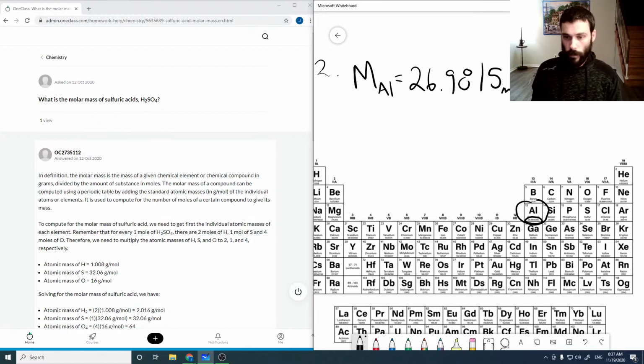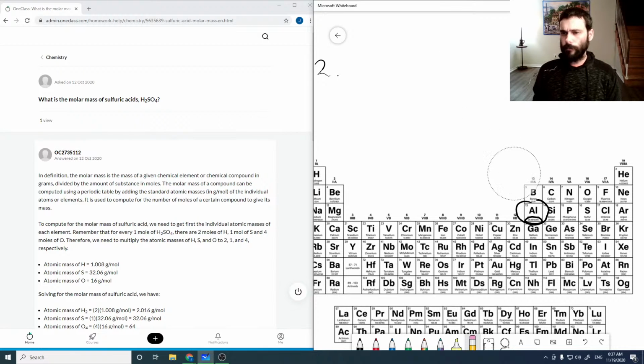So for this next one, it's just what is the molar mass of sulfuric acid. For sulfuric acid, we have H2SO4. So we need hydrogen, sulfur, and oxygen.